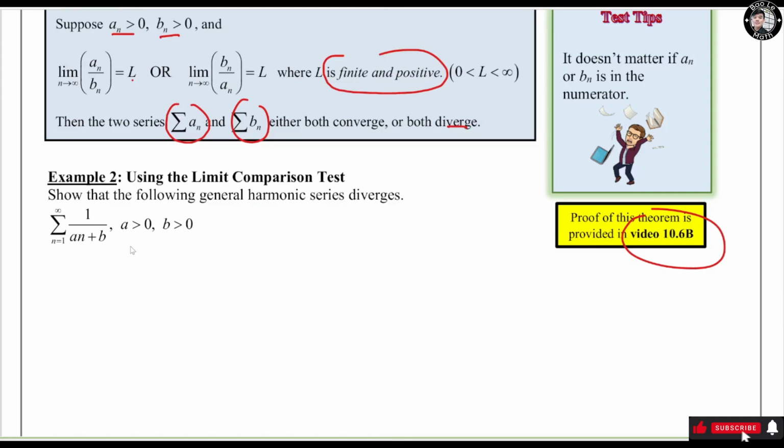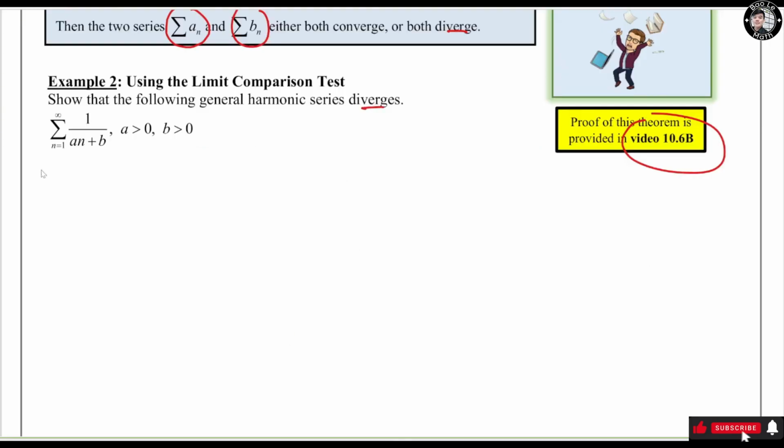Example number 2: show that the following general harmonic series diverges. So let a sub n equals 1 over a n plus b. Now we're going to compare this one with the p-series, so b sub n is going to be 1 over n.